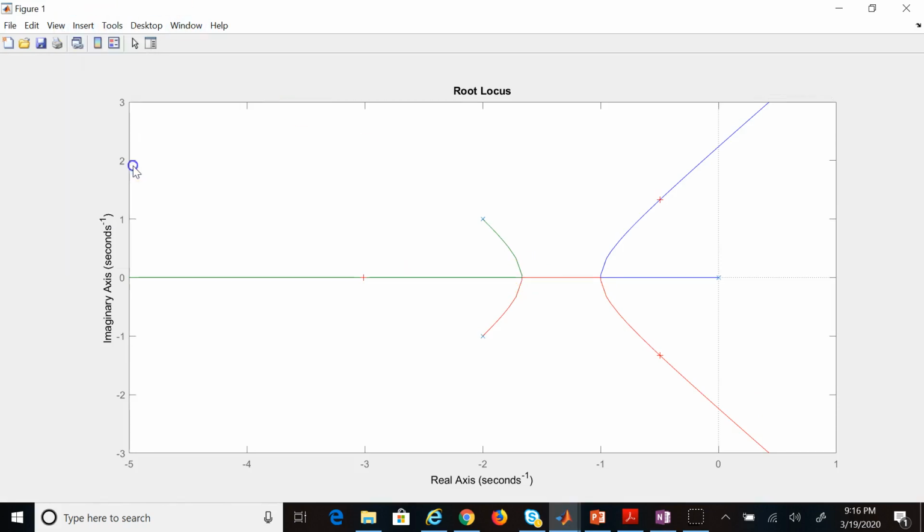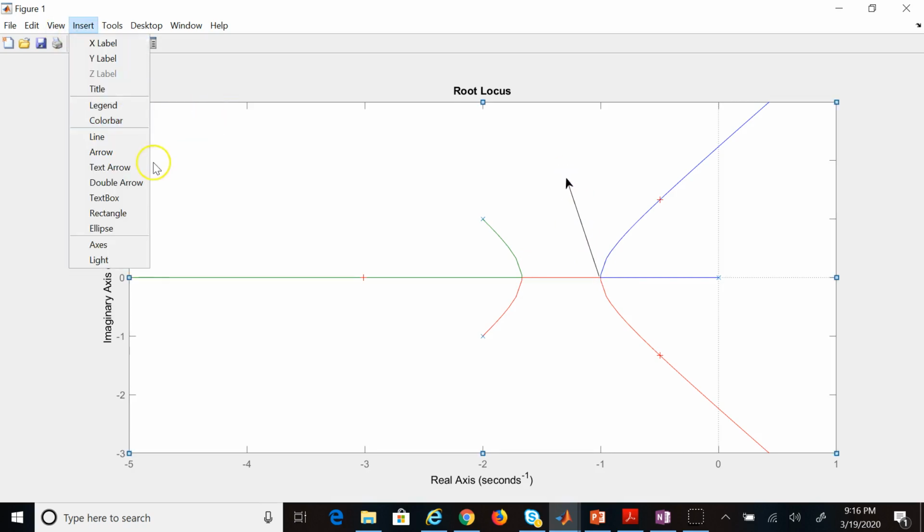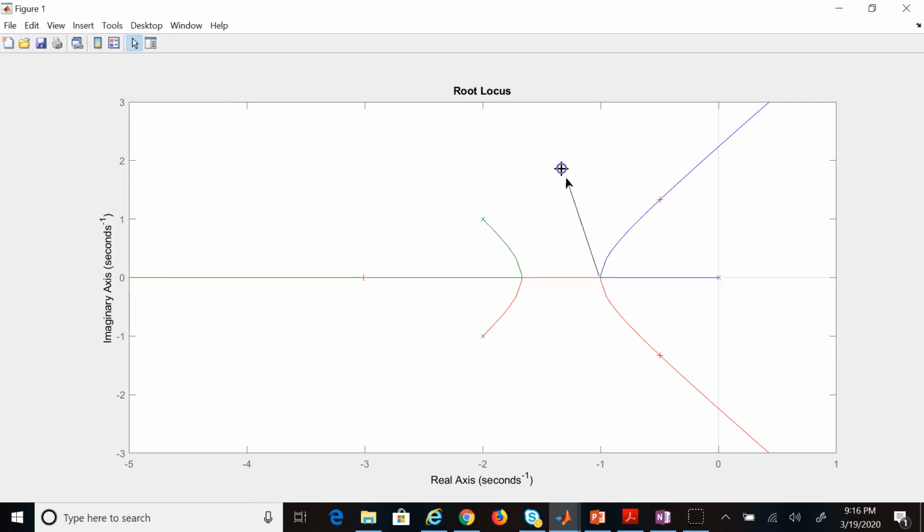Let me use a text arrow and show it to you here. Insert text box. So here the k is 2, right?